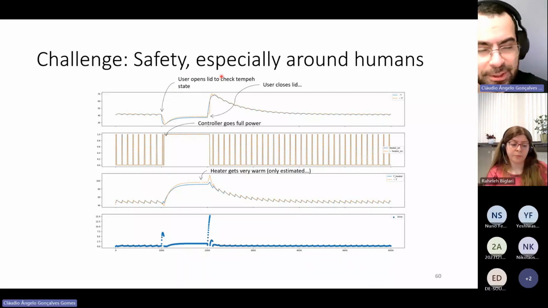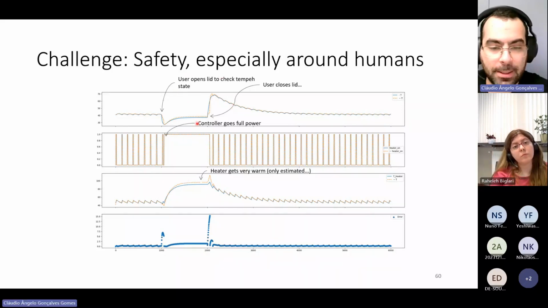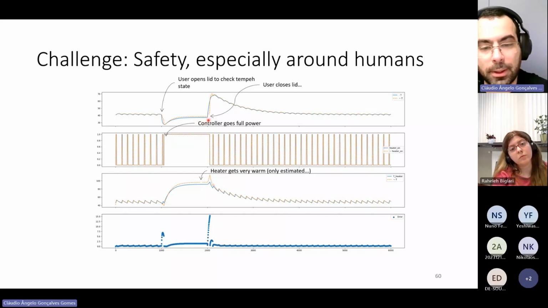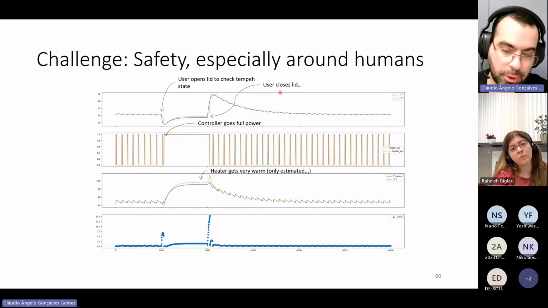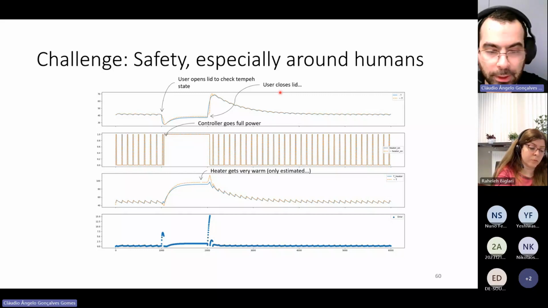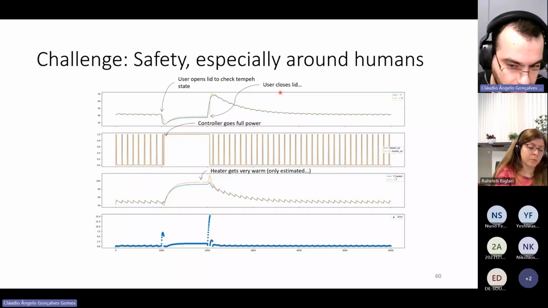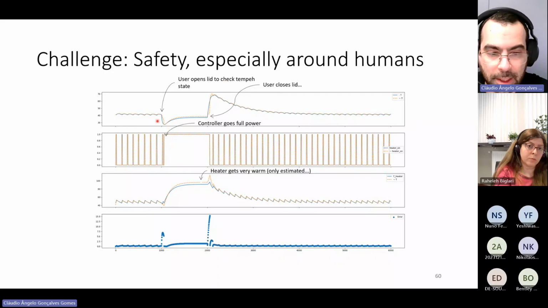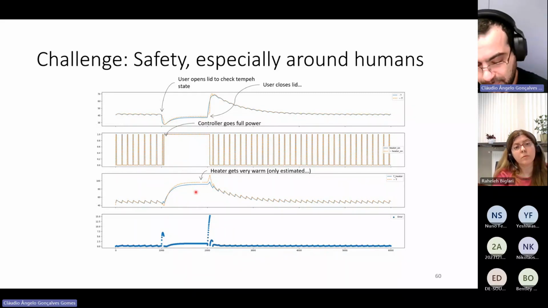This is an example of safety. This is an example precisely where the physical twin, without the aid of the digital twin, can become unsafe, right? In this case, it's the lid. If the user opens the lid, and this is an example we have reproduced in our physical system, if the user opens the lid for a long time, the controller will go into full power, which makes the heater, because it's a piece of metal, a resistance, become very, very warm.